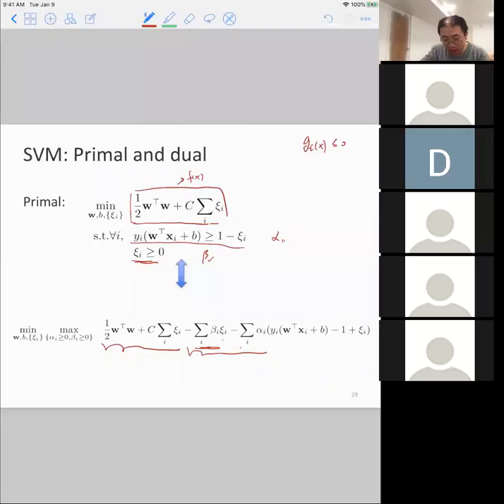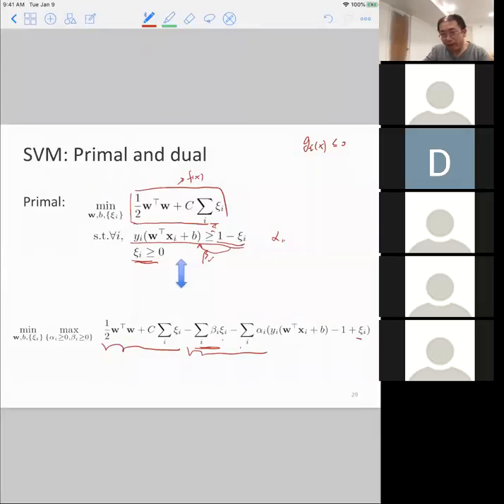We take a negative sign to flip the inequality to be consistent with the general case. So you have a minus sign alpha i. You need to move this part to the left hand side, so it is the function margin subtracted by 1 plus epsilon i. That's how we get the Lagrange function.